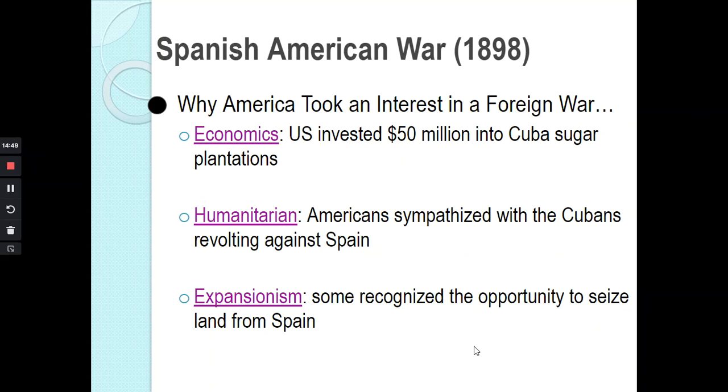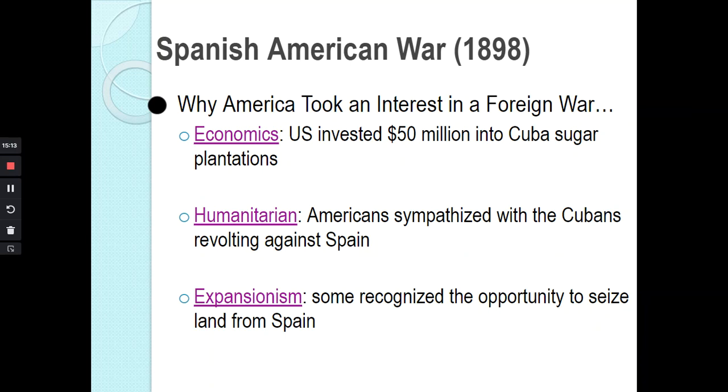So very important. Please be sure you're getting this into your notes. The Spanish-American War in 1898, we had three reasons why we were interested. One, economically. We had invested into Cuban sugar. We did not want those investments to be wasted. Secondly, humanitarian reasons. We sympathized with the Cubans and we supported them to revolt against Spain.